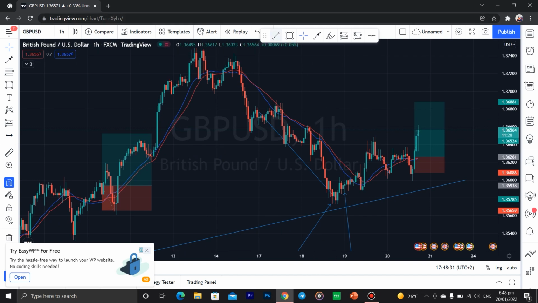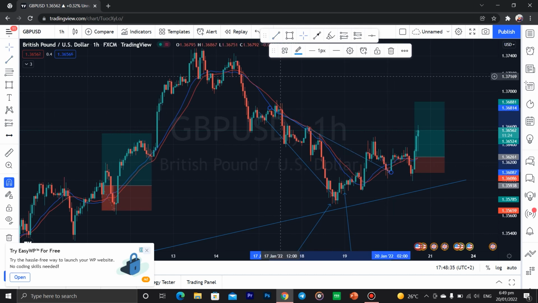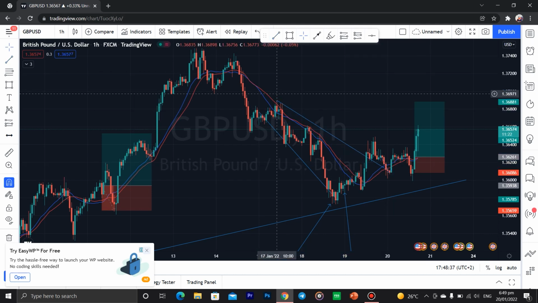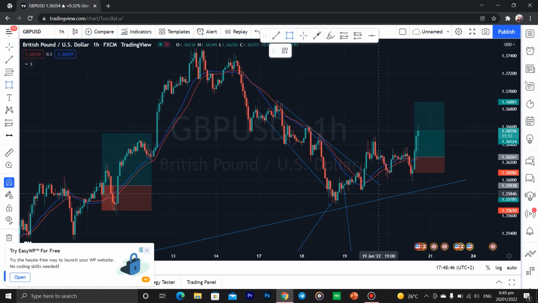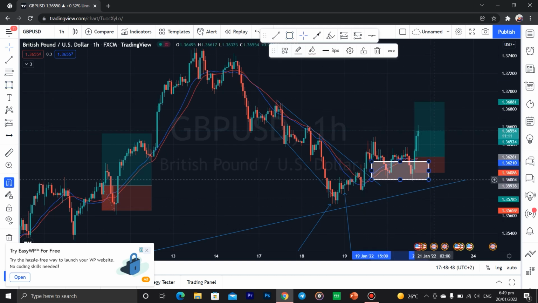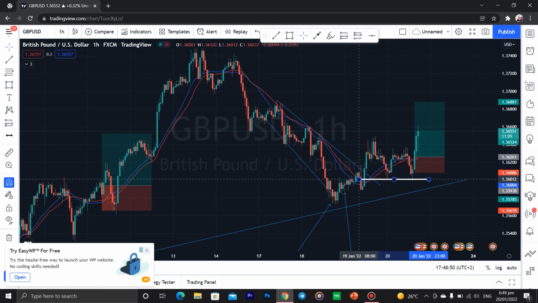And again, we have this trend line here. Let me adjust this a bit. We have this trend line here, and then guess what, a double bottom at this point.